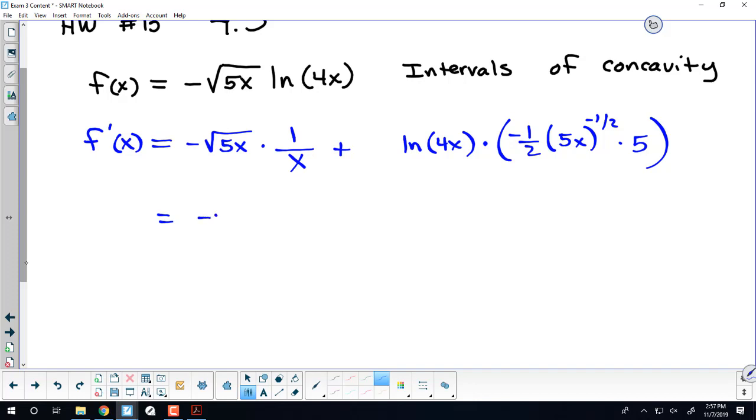Now, I guess it's a matter of preference at this point in how we write these things, but we do have to take the derivative of this function. I don't know how you want to write it, negative 5/2.